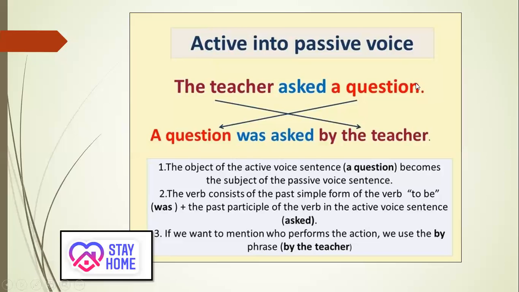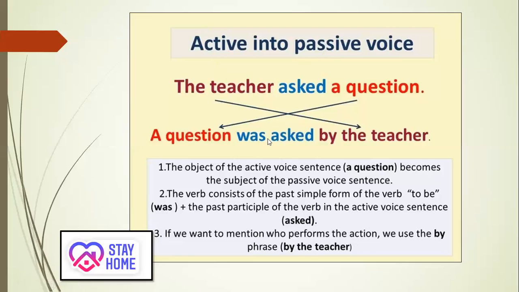¿Qué hacemos en la voz pasiva? Trasladamos el objeto hacia sujeto y quedaría una pregunta y le escribimos el verbo to be. Si estamos utilizando el pasado pasivo, el verbo to be en pasado.